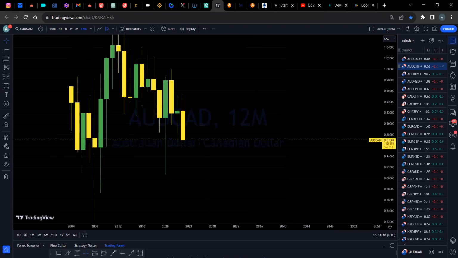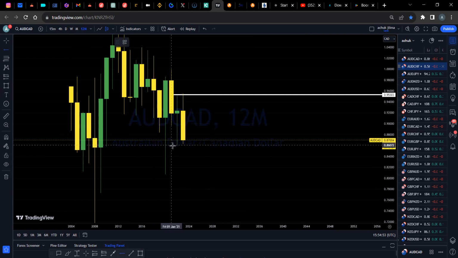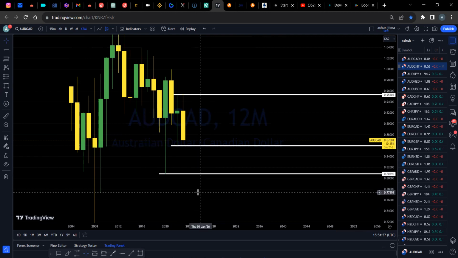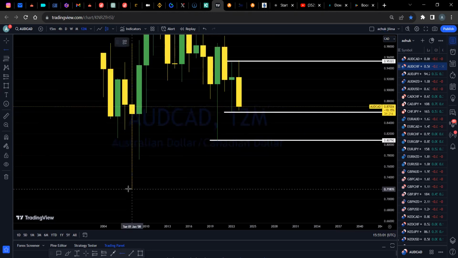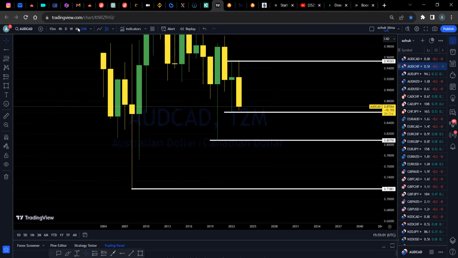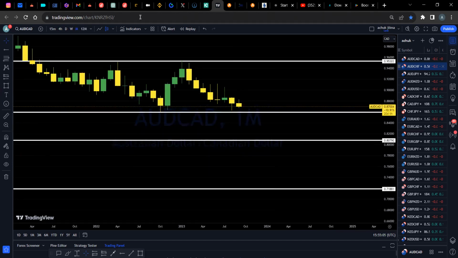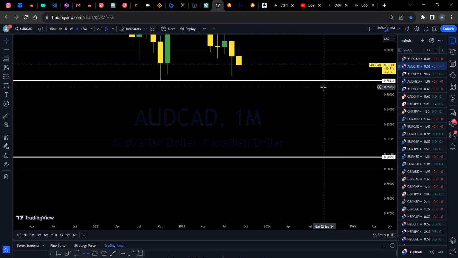Okay, so we have our yearly high, which was that, and now here we have our yearly low, where price is a little bit nearer to it, and then we have another year's low. Then when we come to the monthly, we want to understand price here.